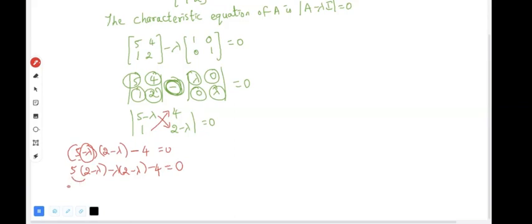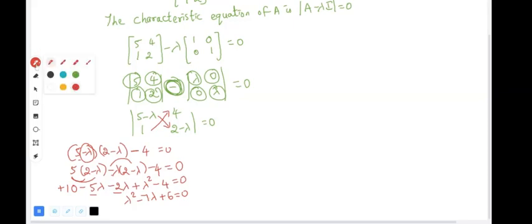So multiply 5 into 2 is 10, minus 5 into lambda is 5 lambda, minus lambda into 2 is minus 2 lambda, minus into minus will become plus, lambda into lambda is lambda square, minus 4 equals 0. So by rearranging them we get lambda square, minus 5 minus 2 will give us minus 7 lambda, plus 10 minus 4 will give us plus 6, equals 0.